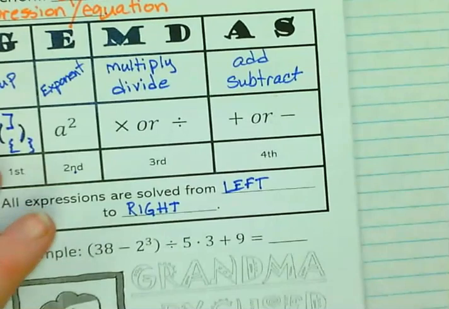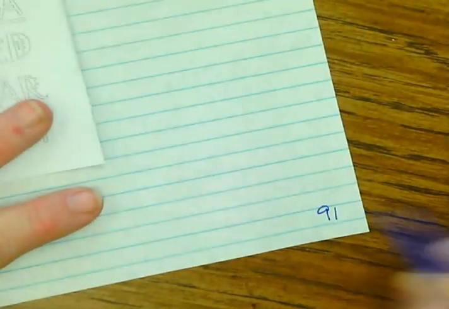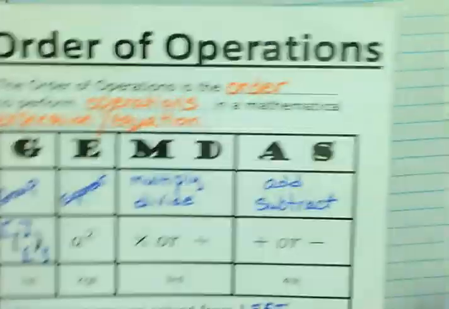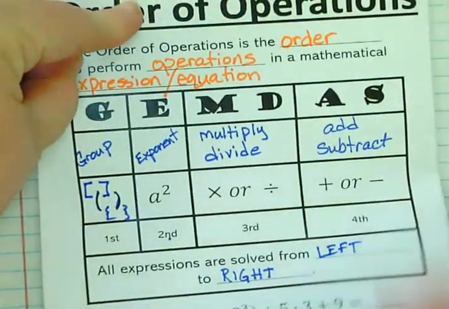So we're going to, on page 91 in your notebook, okay, so when you glue these notes on, you're just going to put a little glue here and do that so that we can still flip it up, okay, and see what's underneath.